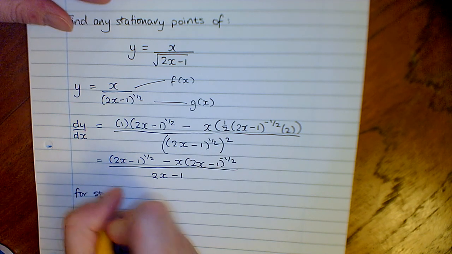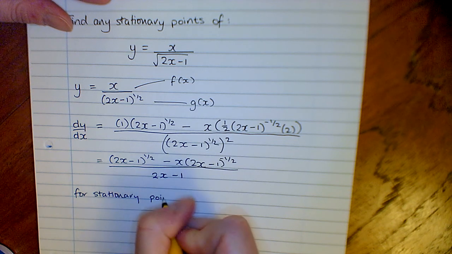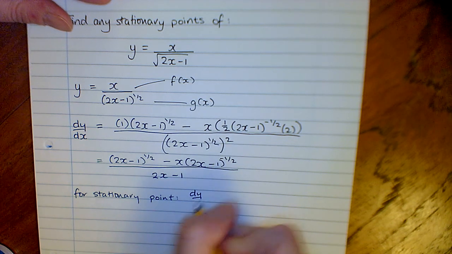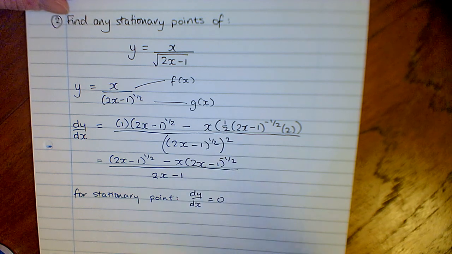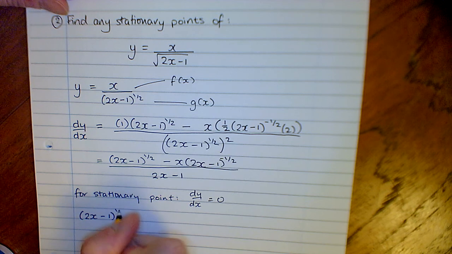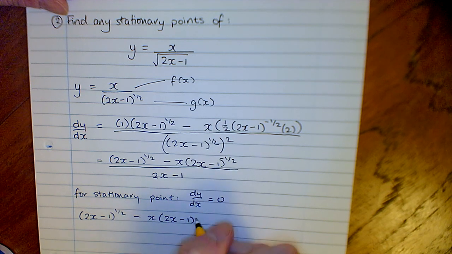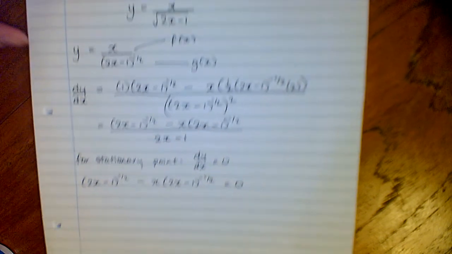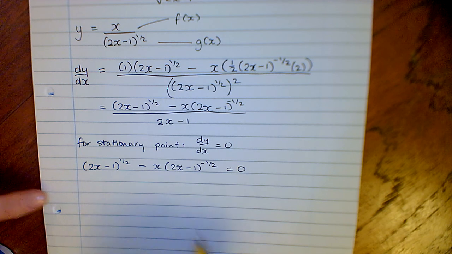Now we want to know what the stationary point or the turning point is. So for any stationary point, dy by dx has to equal 0. Now for this to equal 0, you would just say the top line would have to equal 0. Okay, then we need to do a bit of tidying up here.